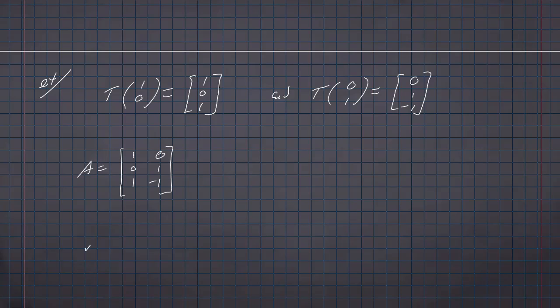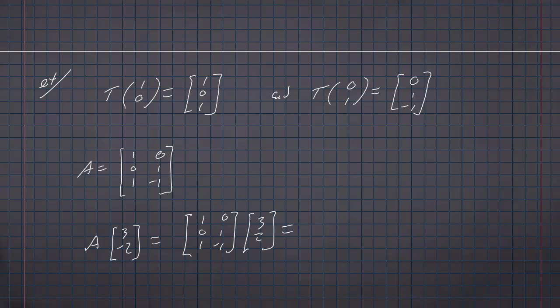And watch what happens if I take matrix A and multiply it times the vector we were interested in earlier, 3, negative 2. Remember the rules for matrix multiplication? You take row dot with column.